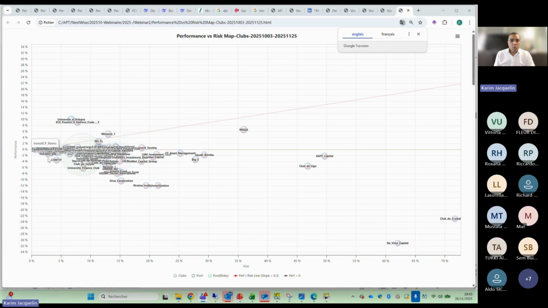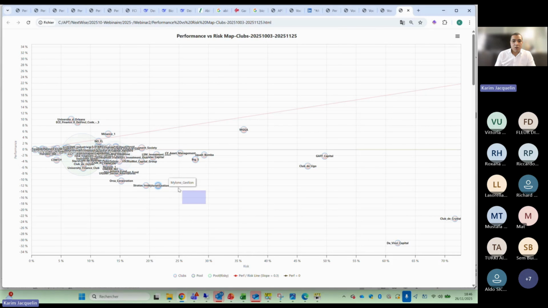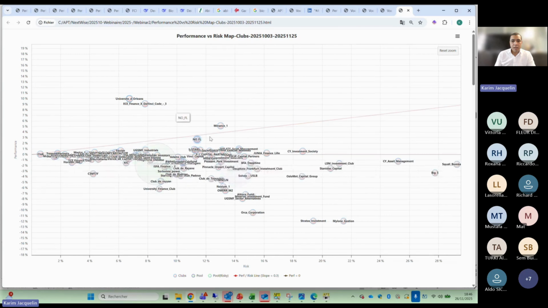And we have a population of clubs here with less risk. If you want to zoom and have a clearer view, you can select the area here, and the graph will zoom on a subset of this graph so that it's more visible.